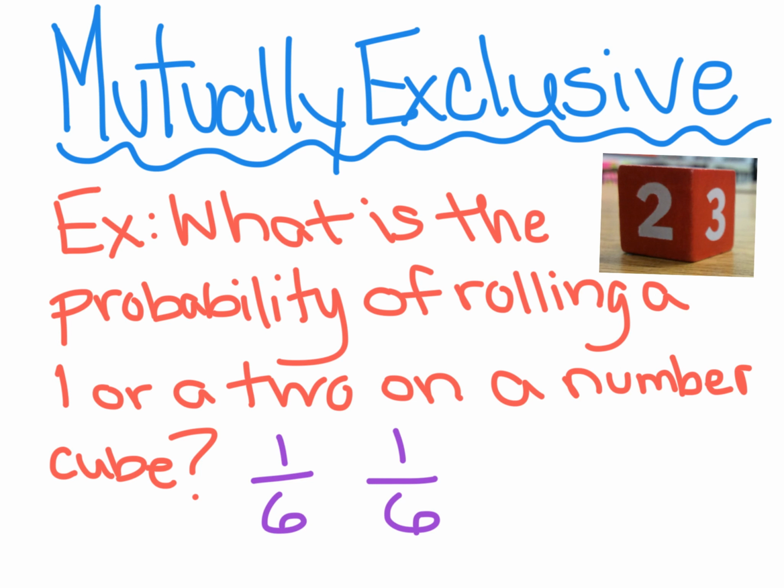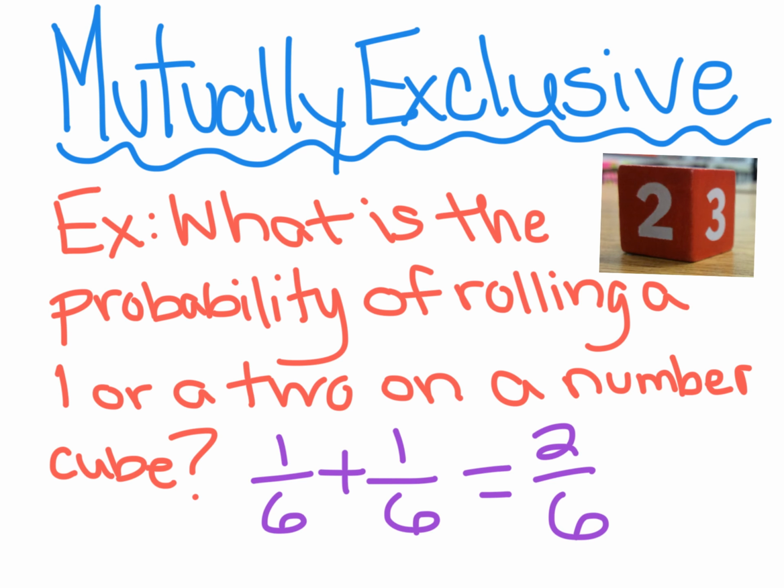6. And because we're talking about rolling this number cube one time, and there is one side that is a 1 and one side that is a 2, we would add these together. So 1/6 plus 1/6 would give us 2/6. And then we could reduce that fraction if we wanted to.